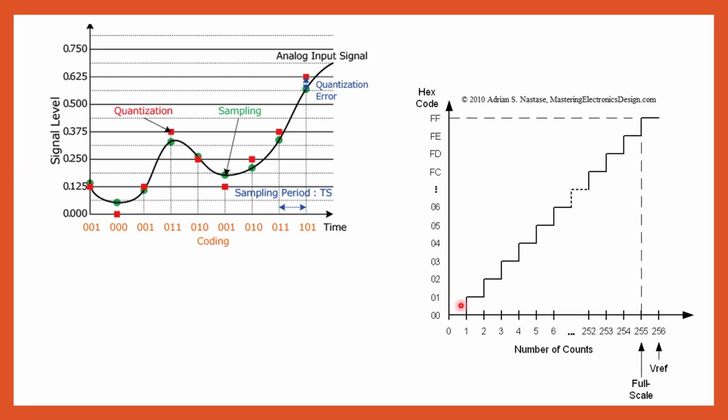So the smaller we can make these steps, the more accurate the reproduction we're going to have when we connect those dots after we've recorded those values. Now, here's the thing. What we're going to do is record these values using digital memory.